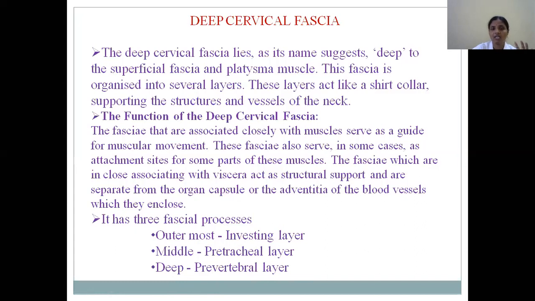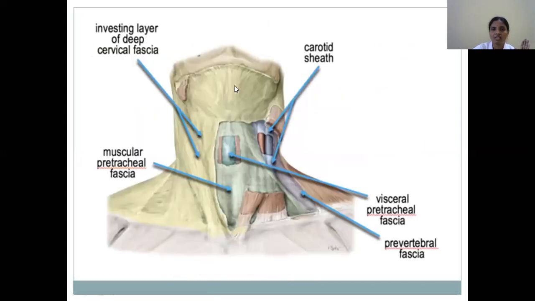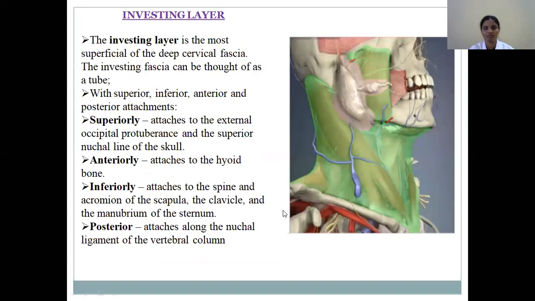Like that, we divide the deep cervical fascia into these 3 layers. Here you can see the outermost is the investing layer, then the pretracheal layer, then the deepest is the prevertebral layer. Now we'll discuss the investing layer.